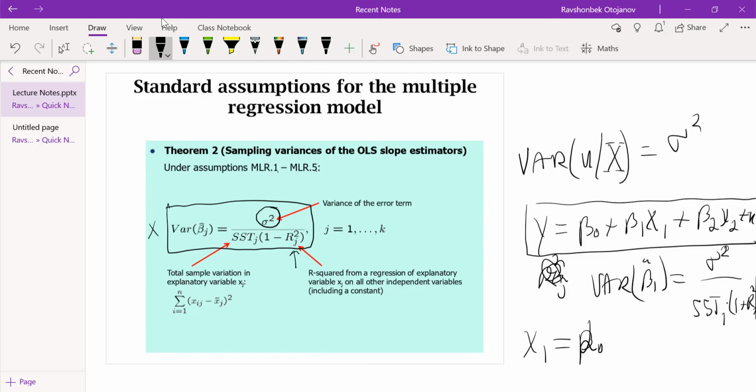So this is now alpha 0, because betas have been used here, plus alpha 1 x2 plus, let's say, nu, some error nu. So the r squared is the fractional variation that x2 explains in x1. So it's not the r squared that we use for the actual models.